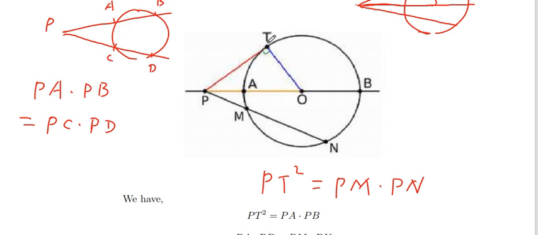If it is a tangent line, then only one point touches the circle, whereas a secant line intersects the circle at two points. I think this is basic and we should remember it. PA times PB equals PC times PD is called the secant theorem.